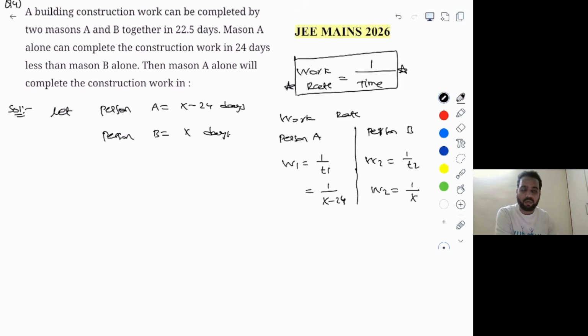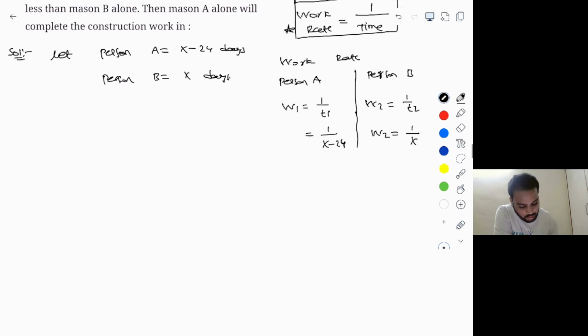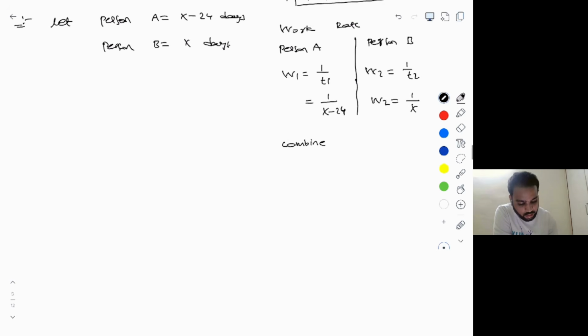Okay. Now, the main property we have to remember here is when two or more persons are doing the work together, we have the formula for that directly. That is the combined work rate. Let's take it as capital W, which will be equal to W1 plus W2. This is a simple trick that you can remember here.